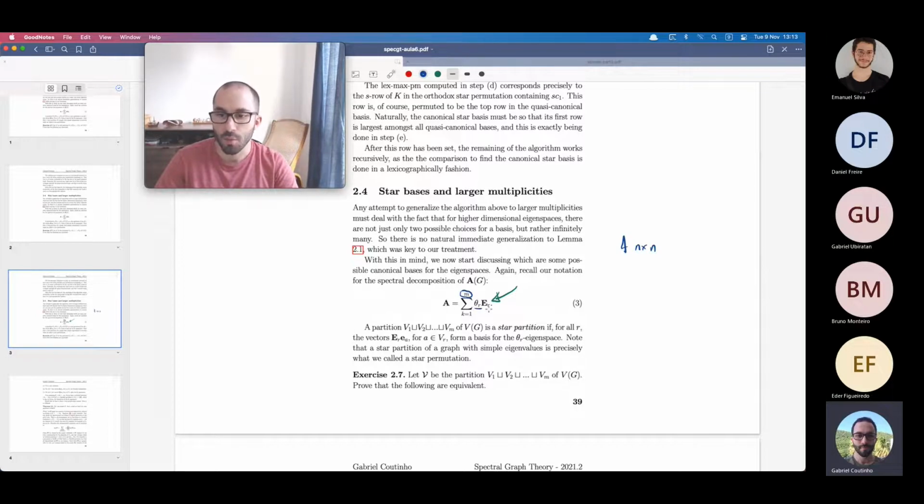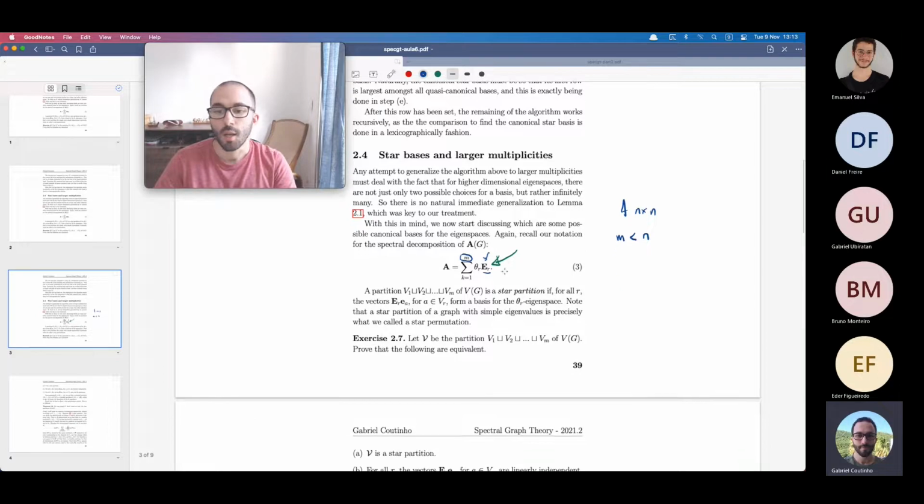The eigenvalues will be denoted by theta r. The projectors onto the eigenspaces will be denoted by E sub r. And then, of course, as long as m is strictly smaller than n, at least one of these eigenspaces will have a dimension larger than 1. At least one of these projectors will have rank larger than 1.